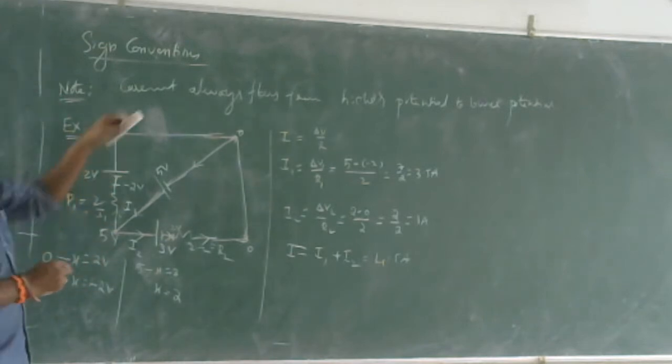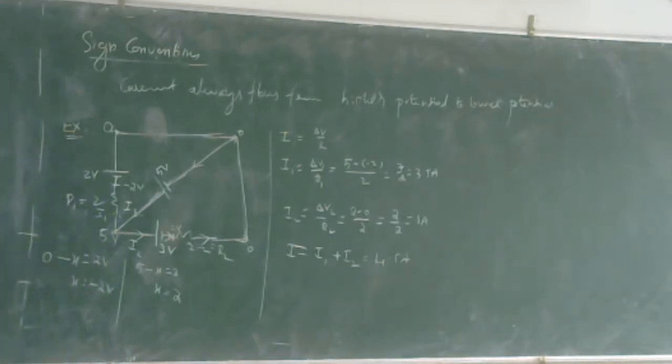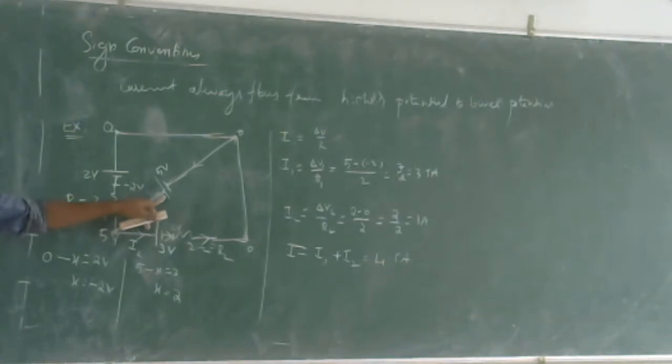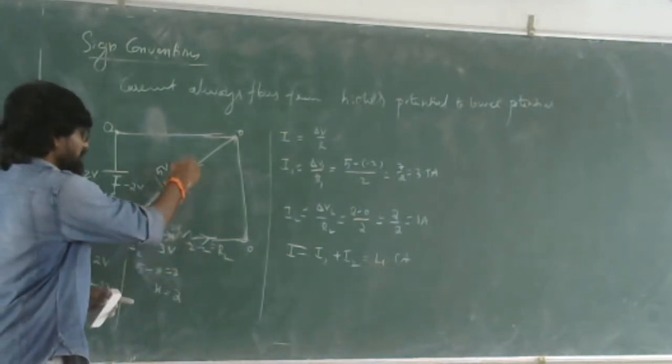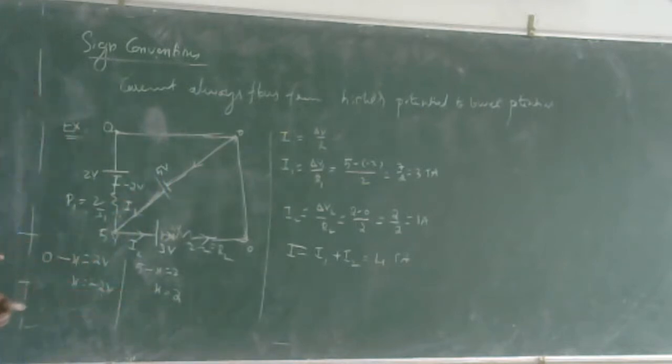Right, next question. Higher potential to lower potential. 5 volt, yes. This is lower, this is higher. So from higher it is coming. For a cell, this is higher potential, this is lower potential.